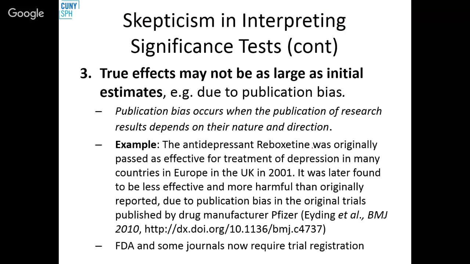This reboxetine example was passed as effective for the treatment of depression back in 2001, and then later found to be much less effective and more harmful than originally reported. And this was shown to be due to publication bias in the original trials, and this led to a whole series of changes in the requirements of reporting of clinical trials for drugs.